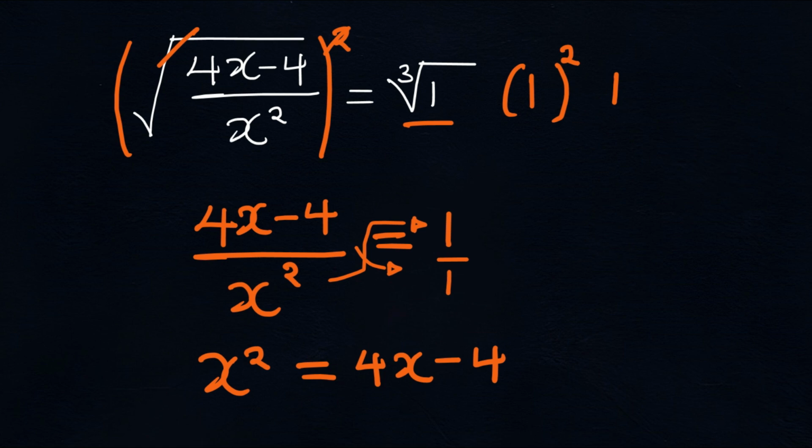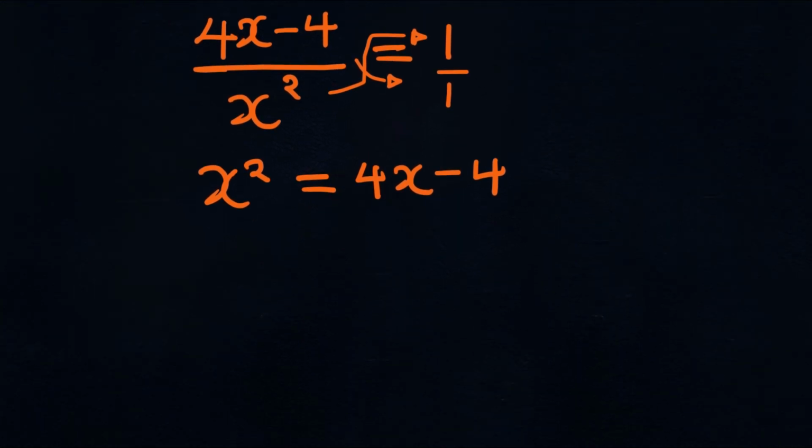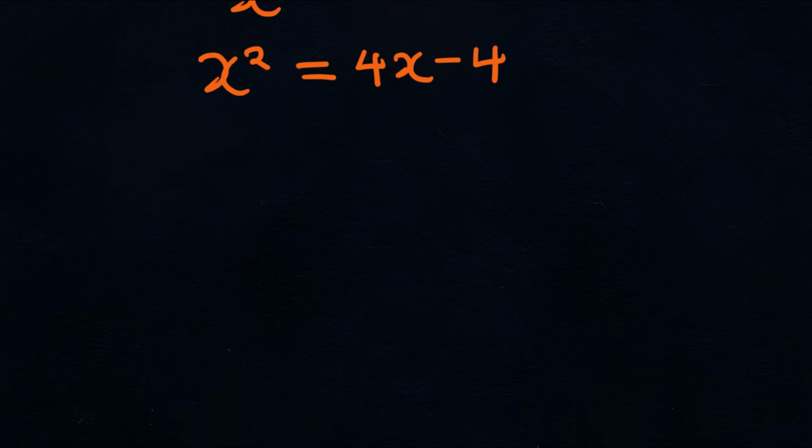Or you could have written 4x minus 4 on the left hand side and x squared on the right hand side, it is the same thing. So in the next step, we are going to take this expression 4x minus 4 to the left hand side of the equal sign.